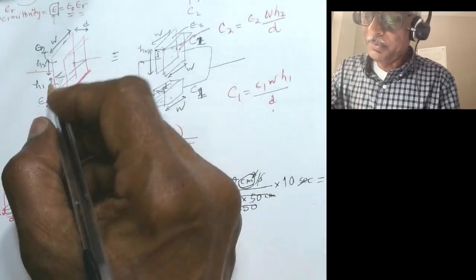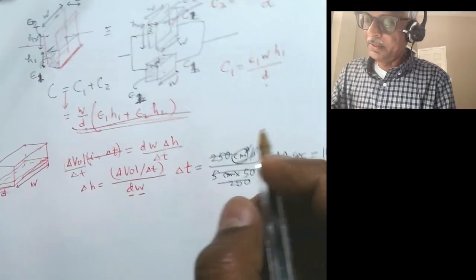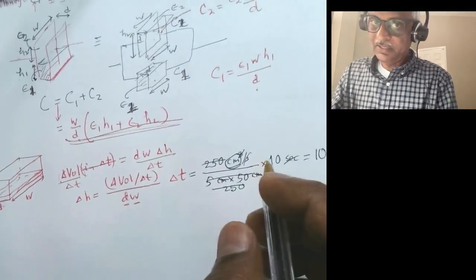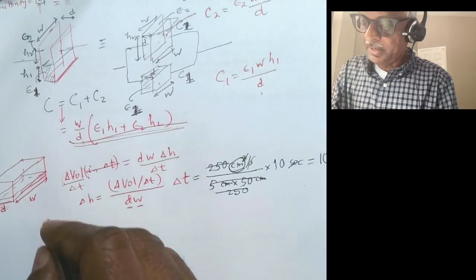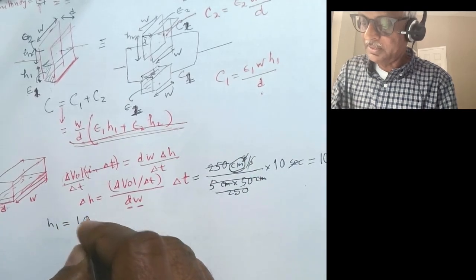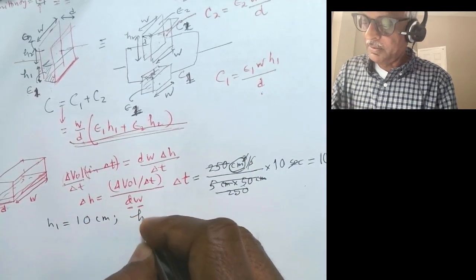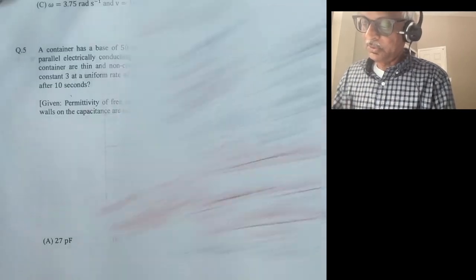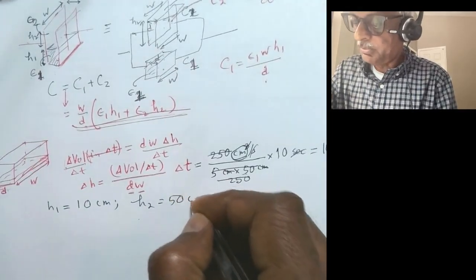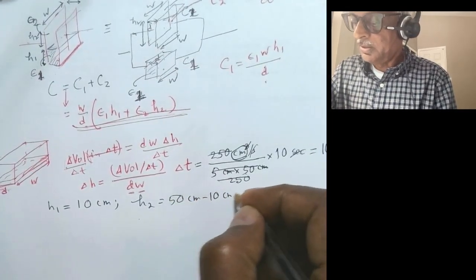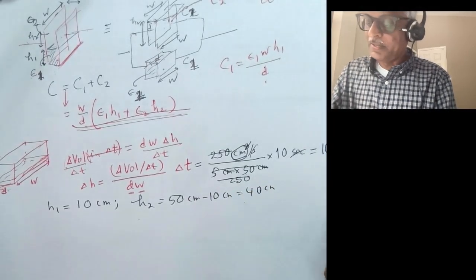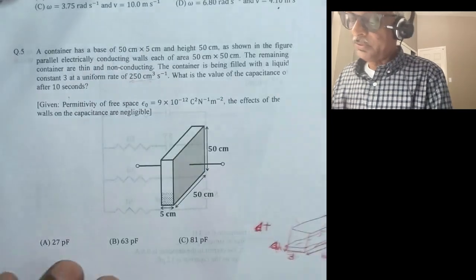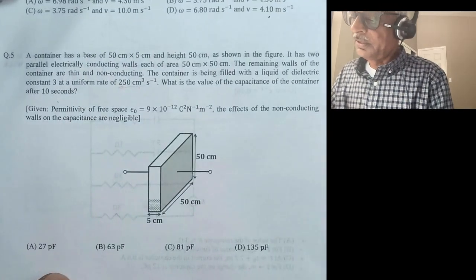So in our calculation here, H1 is 10 centimeter and H2 is going to be 50 centimeter minus 10 centimeter, so 40 centimeter. Let's look at what other things are given.